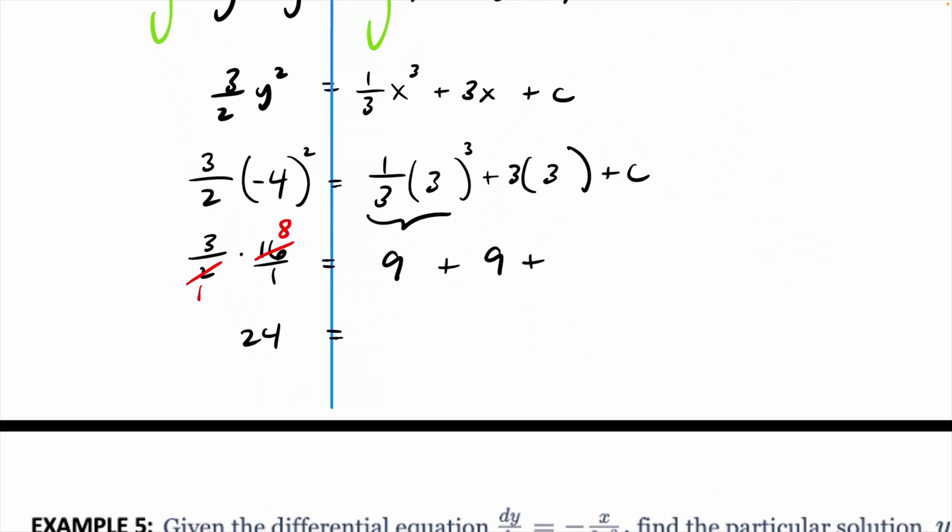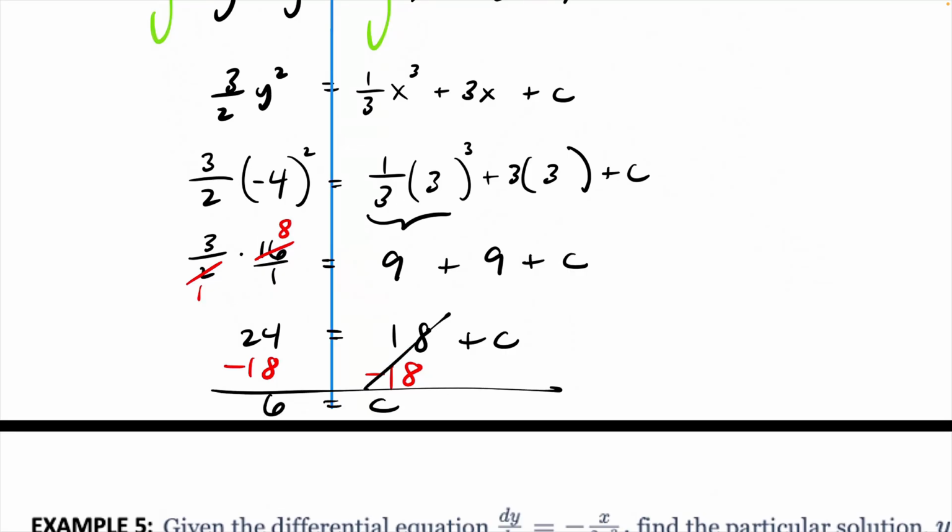Plus another 9 plus c. So 18 plus c. Subtract 18 from both sides. 6 equals c.